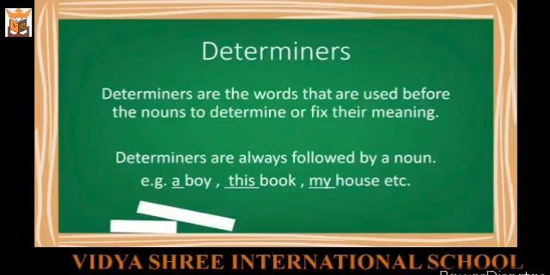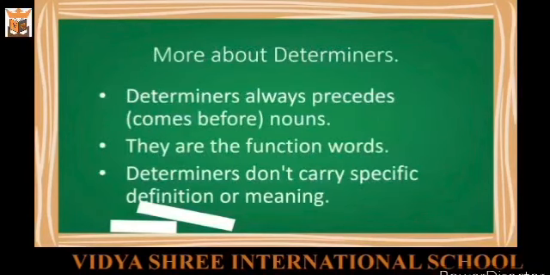Let us know more about determiners. Determiners always precede, which means come before, nouns. They are the function words. What are the function words?